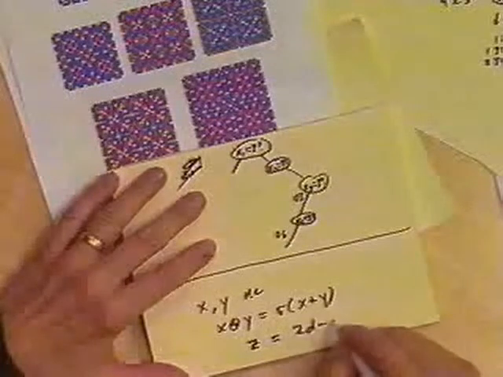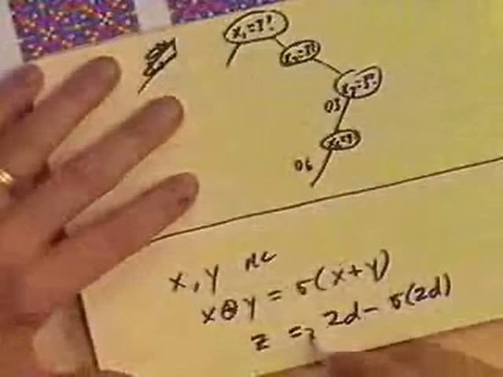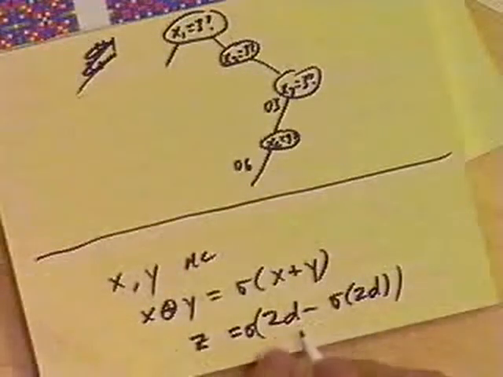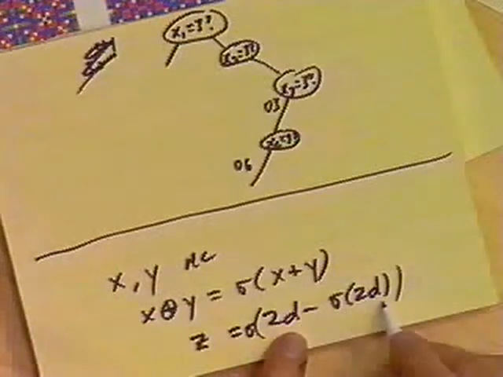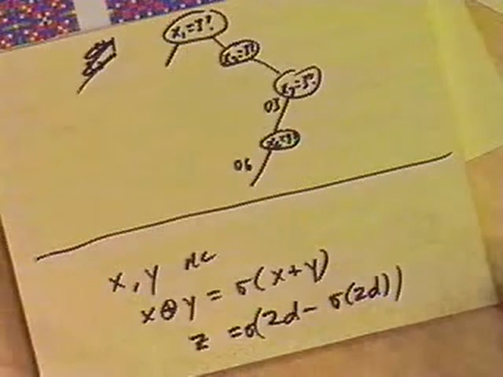In fact, one way to get Z is to take 2D minus sigma of 2D, and then reduce that. 2D has large components, and then we subtract off sigma of 2D, and this is equivalent to 0. And then the reduction of that is a recurrent state. So anyway, that's one way to compute Z for sure.